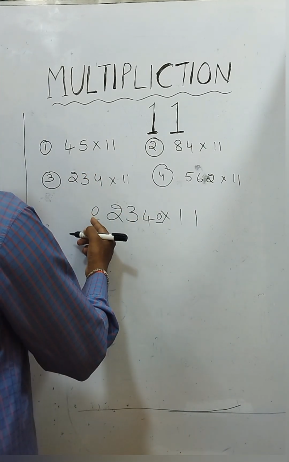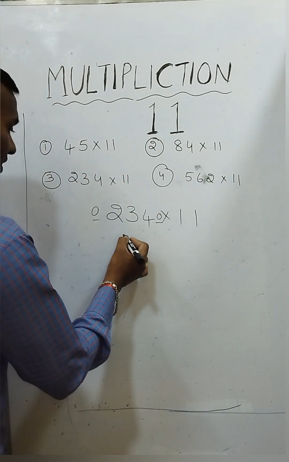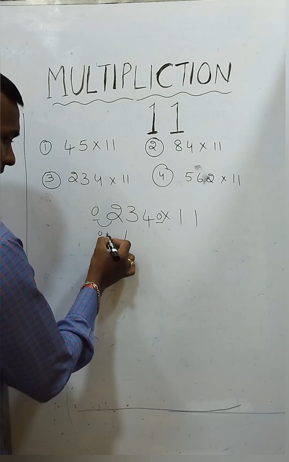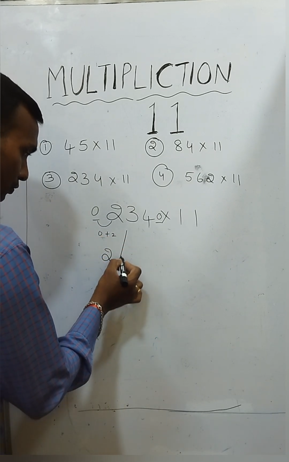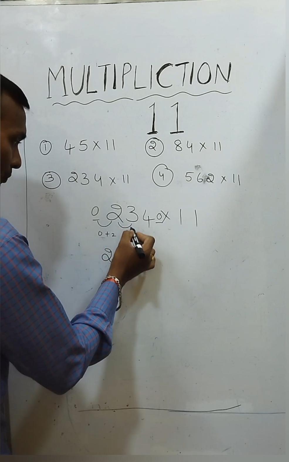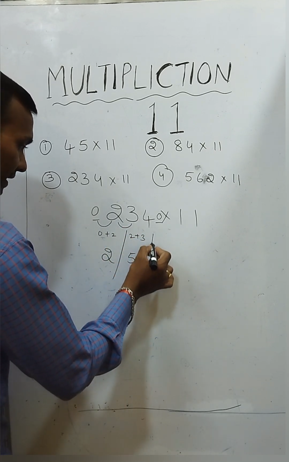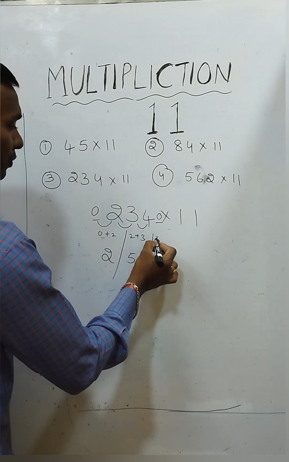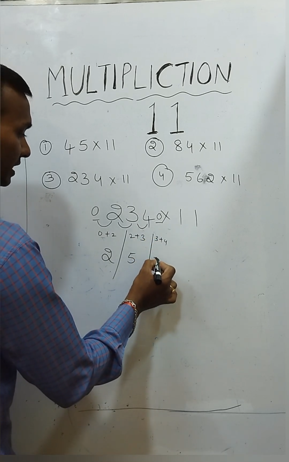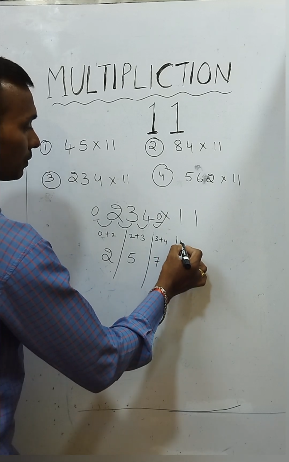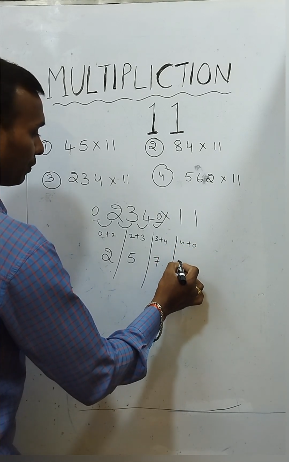Next step, we add two digits at a time. 0 plus 2 gives you 2. 2 plus 3 gives you 5. 3 plus 4 gives you 7. 4 plus 0 gives you 4.